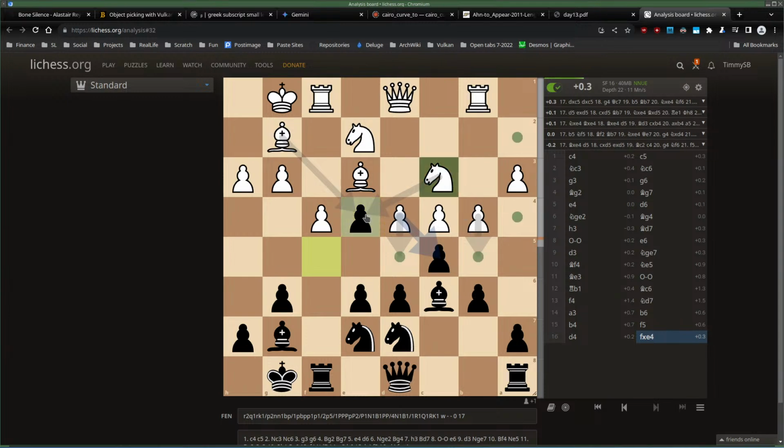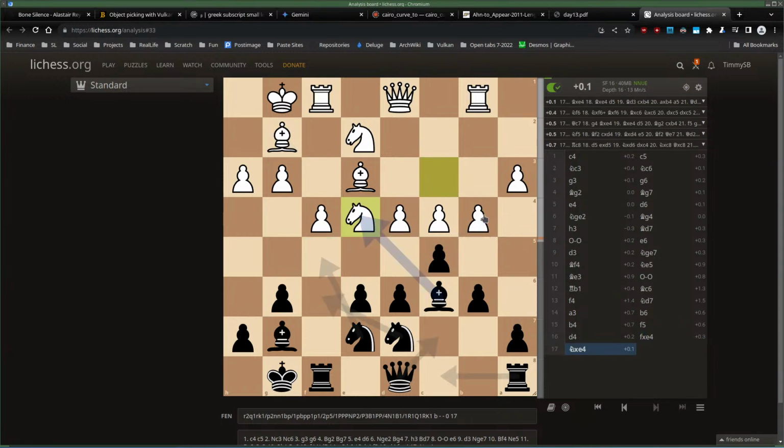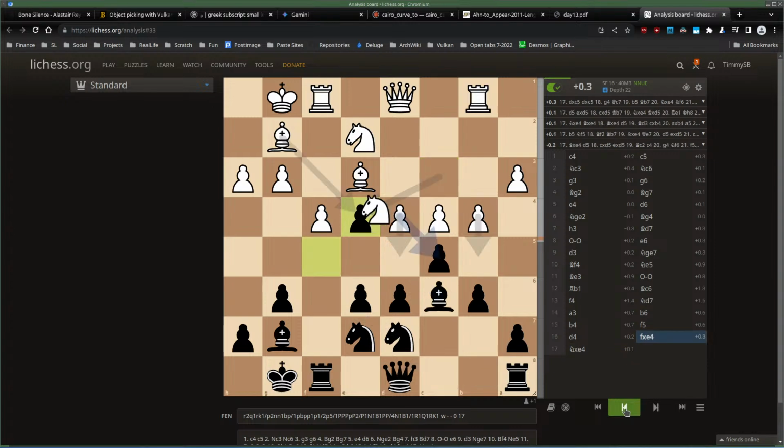And then the knight took. And why is that so bad? That now we are all the way back to 0.1. We should have taken here first.